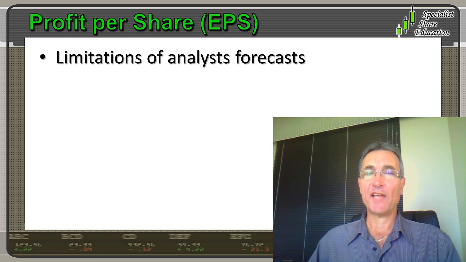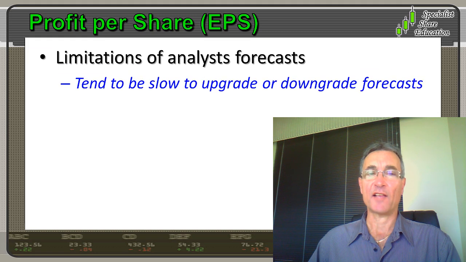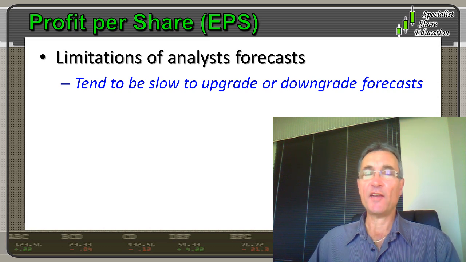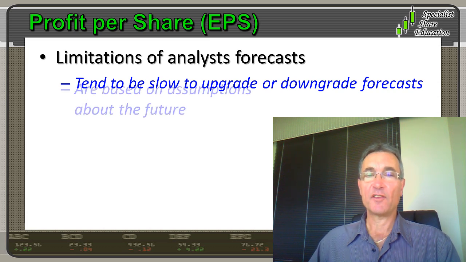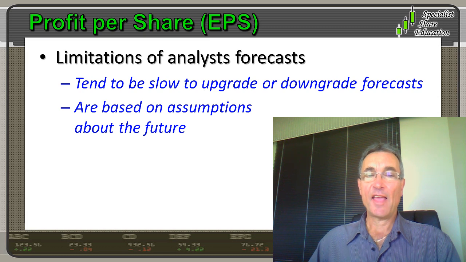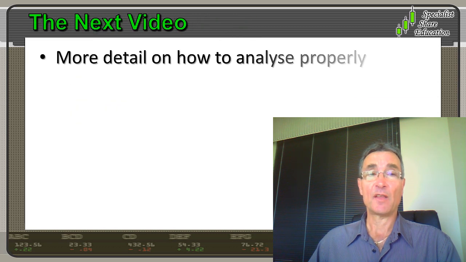Now, there are some limitations of analyst forecasts about the future. They tend to be slow to upgrade or downgrade forecasts, so that's something to be aware of. And they are, of course, based on assumptions about the future. And assumptions are only as good as the people making them, and that's why it's important, I think, to be conservative when you're making assumptions.